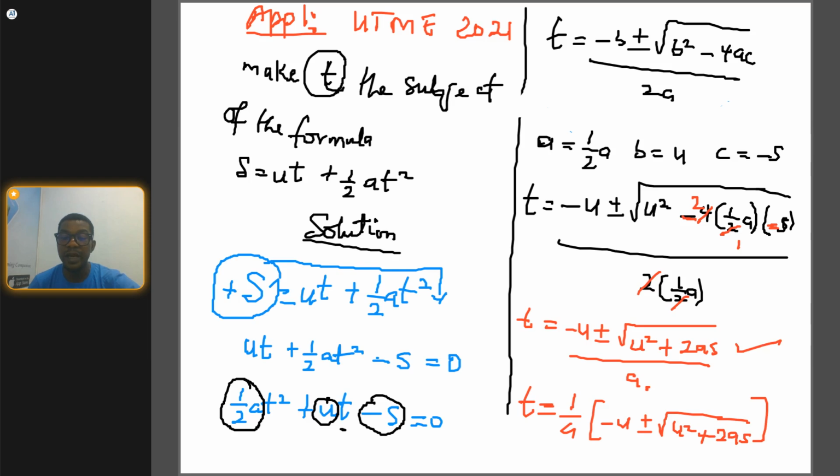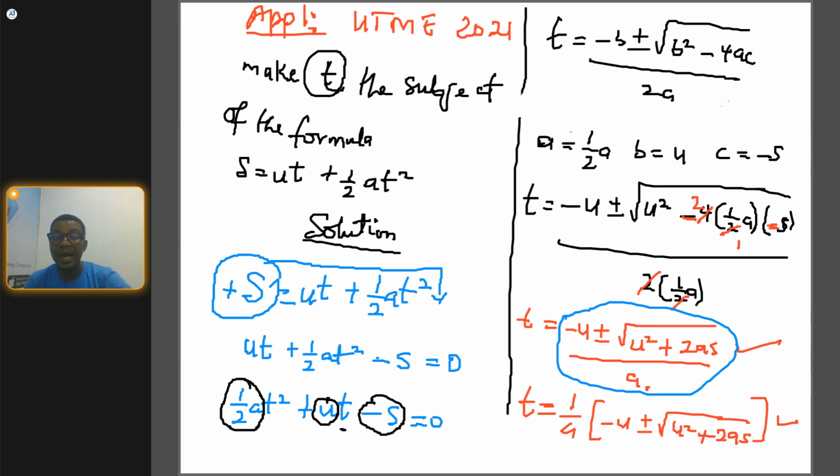What I have here is the same thing. It's not having any difference. And if you check, do you have t in this expression? We don't have t in it. Do you have letter t in this expression that I circled?